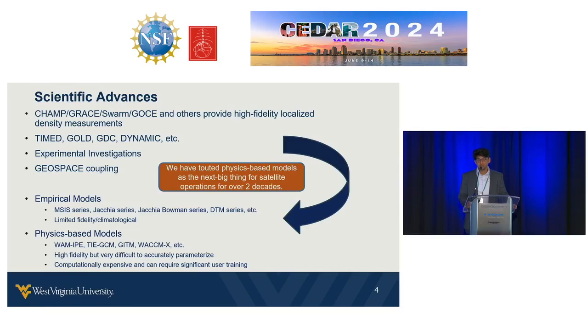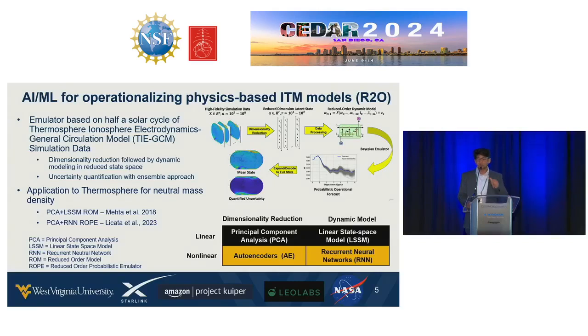including computational complexity. And so what we are trying to do across some of the projects, including the more recent Office of Space Commerce project, is trying to leverage state-of-the-art contemporary AI/ML methodologies to operationalize our best physics-based models, right?